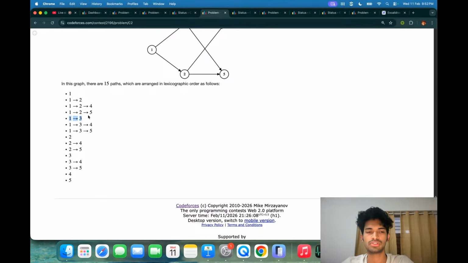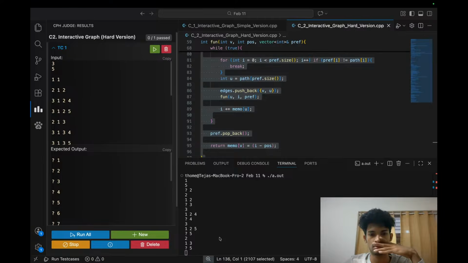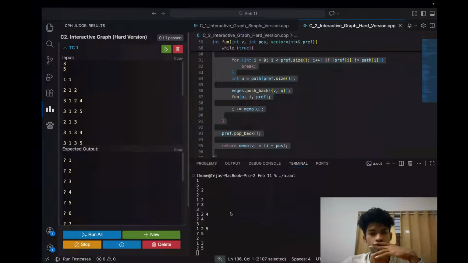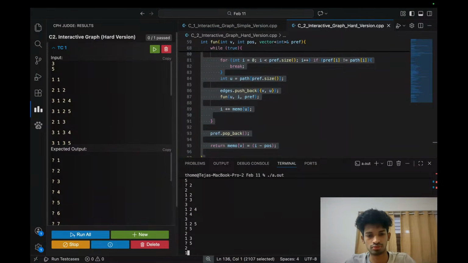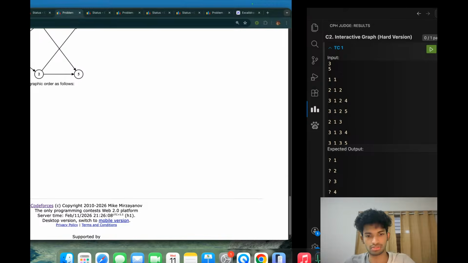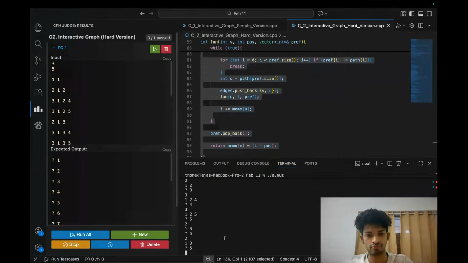So after this, okay, it found 2 and then let's say it's asking somehow. 2 was done and now it's asking to find if there is something after this. So it is 2, 1, 3. And then it's asking me 5 again.